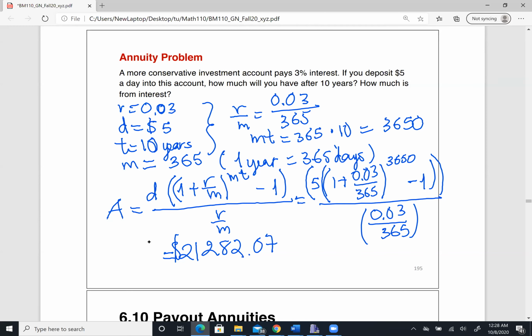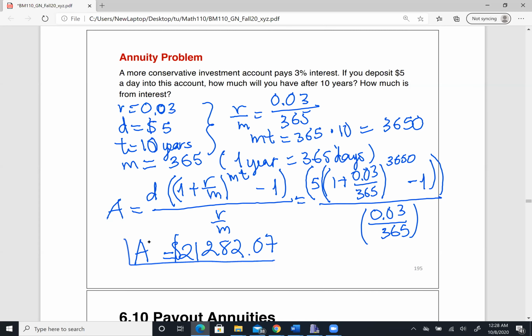So this is the amount after 10 years of investing $5 a day.